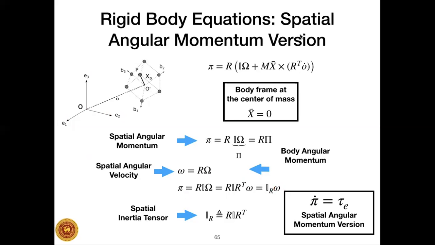And this is called the spatial inertia tensor, or the locked inertia tensor. So we saw how to write down Euler's rigid body equations using body angular velocities and body angular momenta, and now in terms of spatial angular velocities and spatial angular momentum.